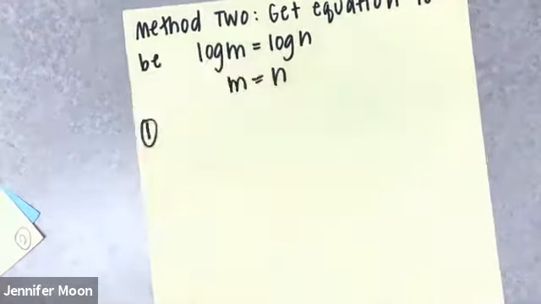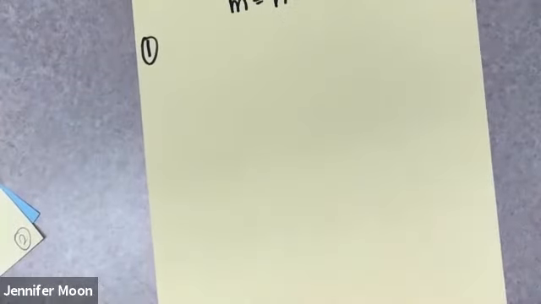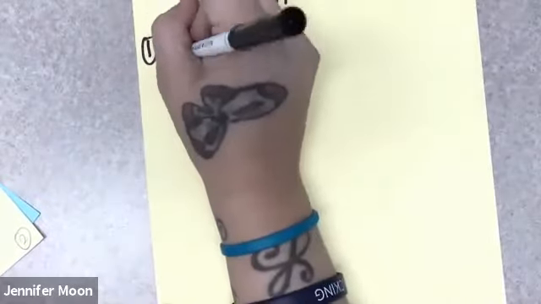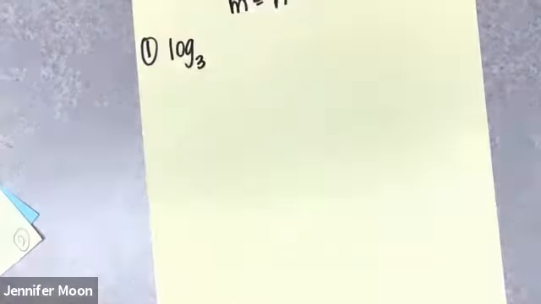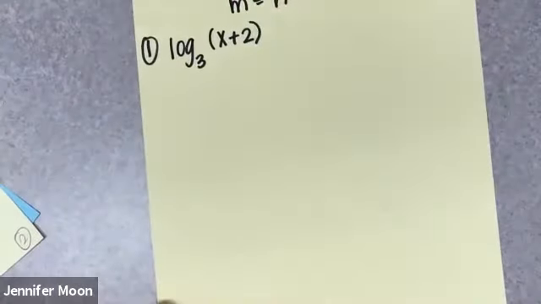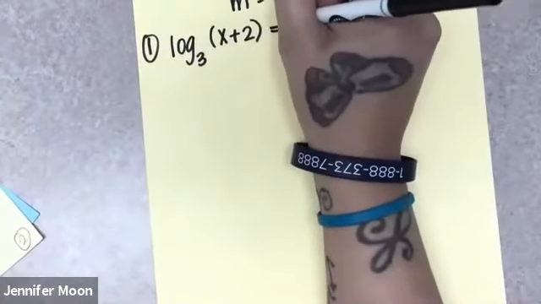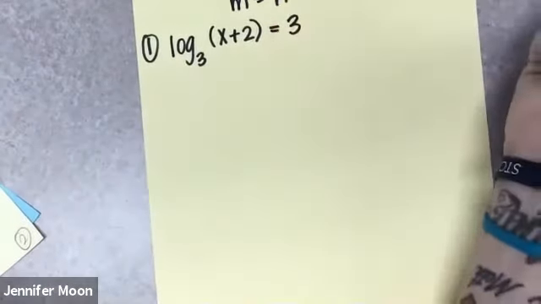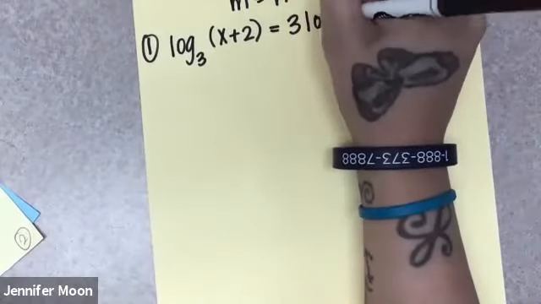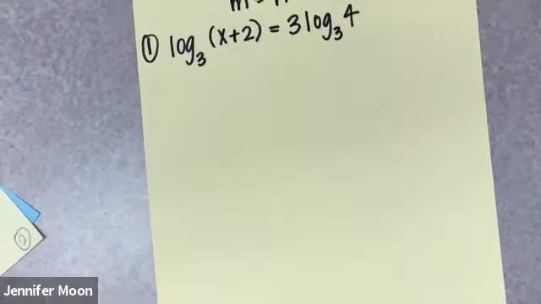Okay. So let's do this first example. What we have is log base 3 of, and in parentheses, I have x plus 2 equals, and then the coefficient 3 log base 3 of 4.